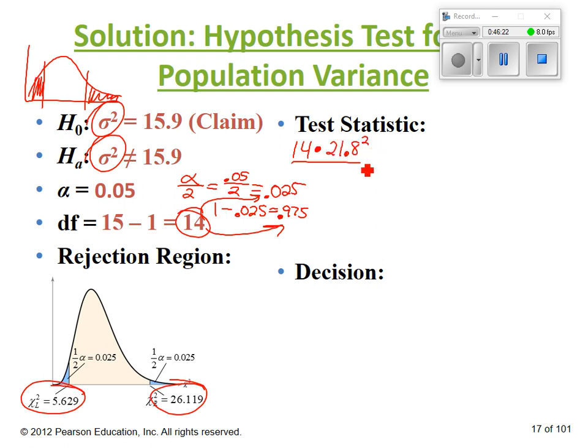Divided by sigma squared, which is 15.9, and we don't square that because it's already squared. Somebody help me out, what's 14 times 21.8 divided by 15.9? 19.19.